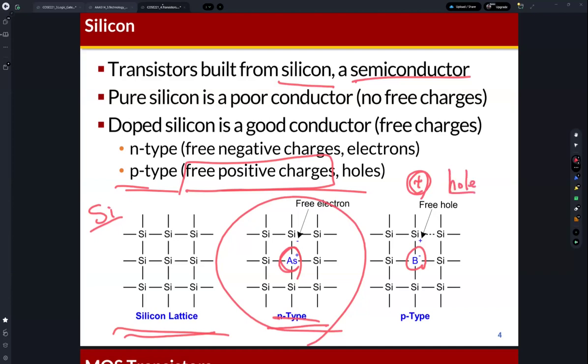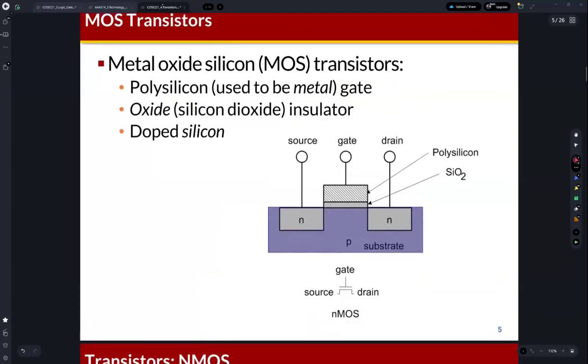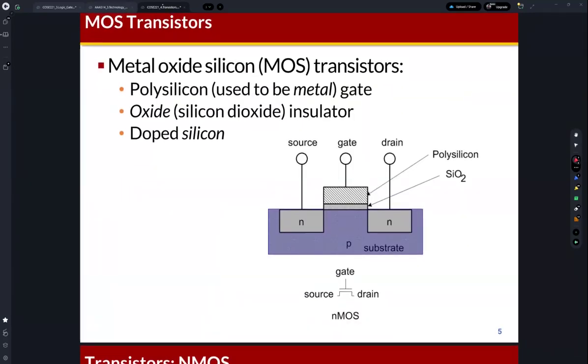Okay, so you can find the free hole here, which means that this free hole works like free positive charges. So we can make different types of silicon using other materials, like n-type silicon and p-type silicon.